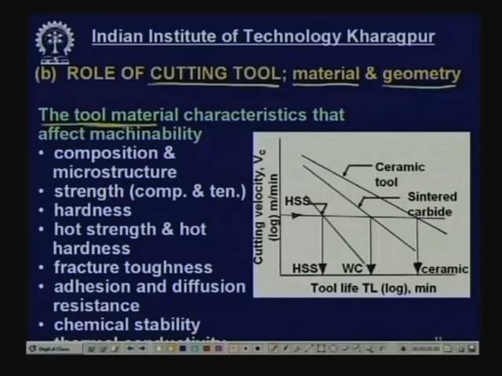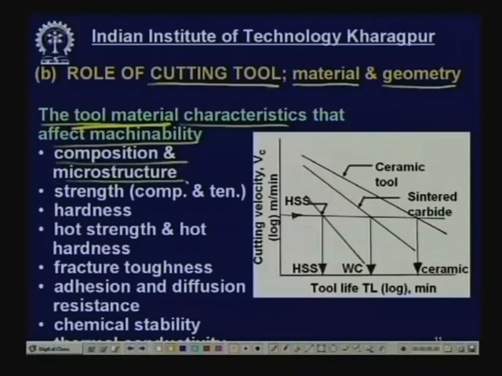It is better to say the machinability characteristics of this work material and tool combination, because the tool plays a very significant role. The machinability of a work material drastically changes depending upon which kind of cutting tool material and geometry you are machining with. Anyway, let us see the tool material characteristics that affect machinability.